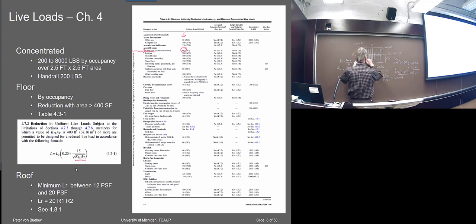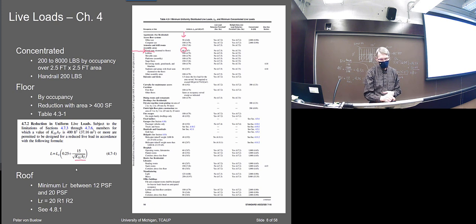This is the tributary area. But the influence area means anywhere I put a load, it would have an influence on that member. So I can put a load anywhere on this floor and it would influence this member. So the influence area is double that. So the KL factor there, I guess, is 2.